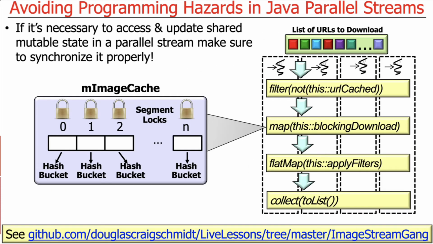If you do need to have side effects, then there's various ways you can make that work while still fulfilling the overall goals of trying to use parallel streams efficiently and effectively. So a simple example would be for the program that you're writing for the class, where you're implementing this kind of image crawler. There are parts of that program that have a shared cache.